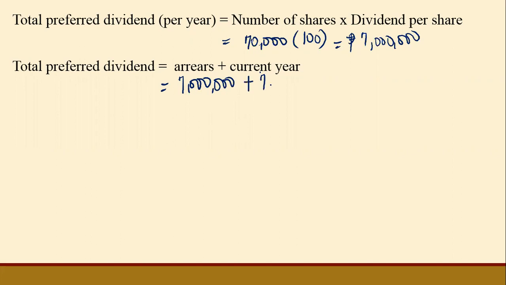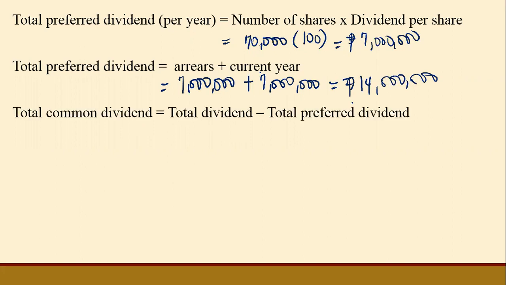Plus 7 million for the current year. So this is equal to 14 million pesos total preferred dividend. And for the total common dividend, all we have to do is get the difference between the total preferred dividend and total dividend.